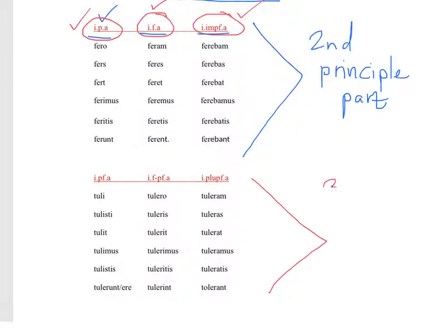So I've put them together so you get used to seeing them and thinking of them as a unit. These use the third principal part: the perfect, the future perfect, and the pluperfect. But I'll start with the three on top to point out some of their regularities and irregularities.